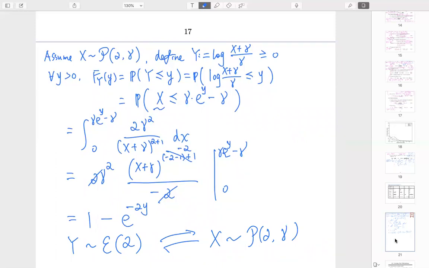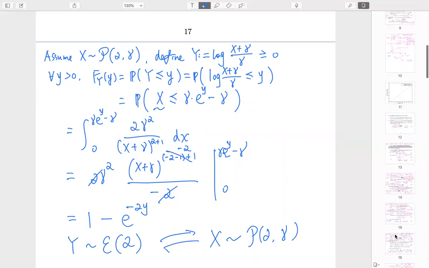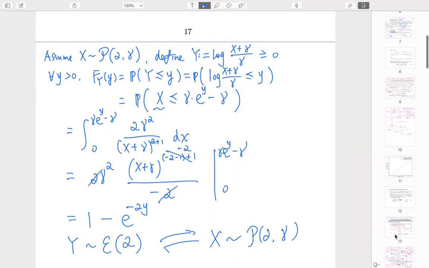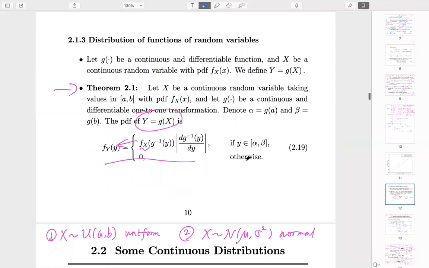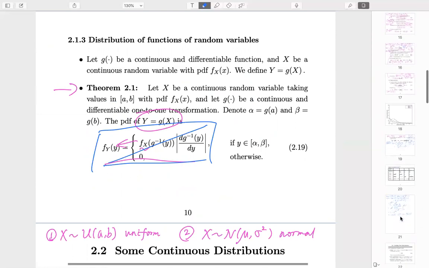Another reason I show this is because, remember, at the end of the last lecture we had this formula, which the textbook puts as a theorem, meaning it's very important. But I really don't want you to memorize things from there. All you need to do is follow what I did in this particular example.